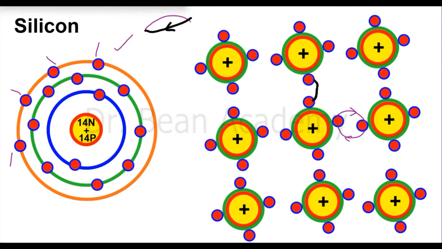Similarly, this atom is also shared with the atom above it. A covalent bond will form on the left side and below it as well, so a similar situation will occur like this. This atom will go this way to be shared with the atom above it, and the electron of the above atom will go down to be attached to this atom for a moment, and of course then it will go up, and this will go on.